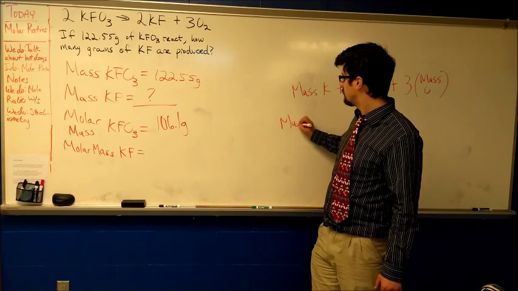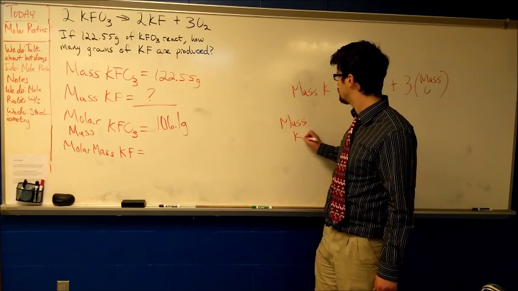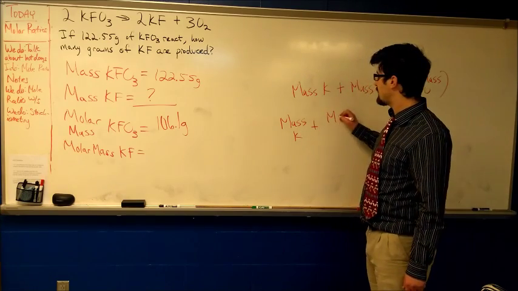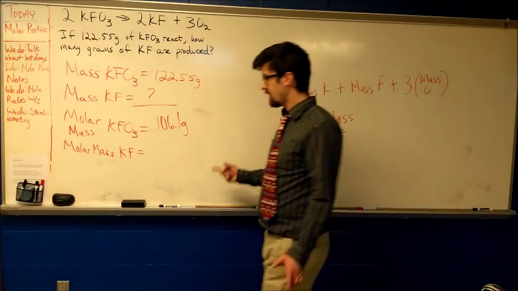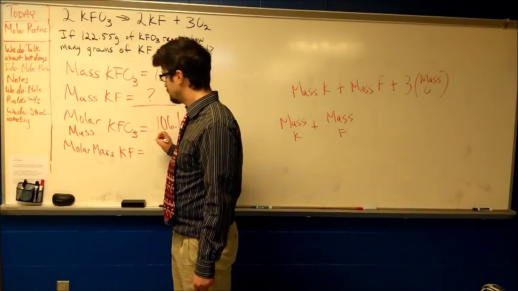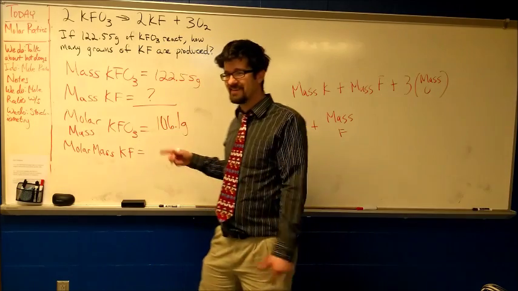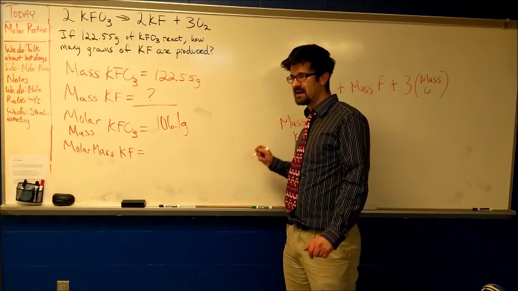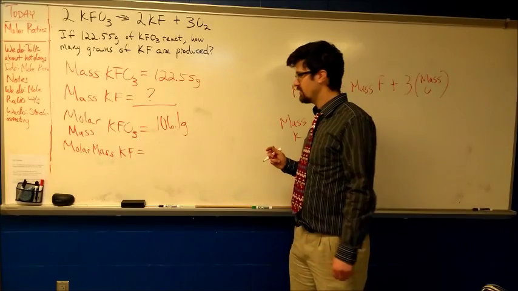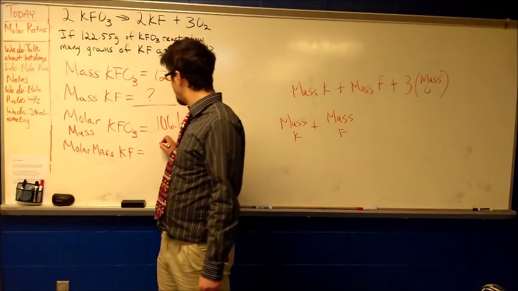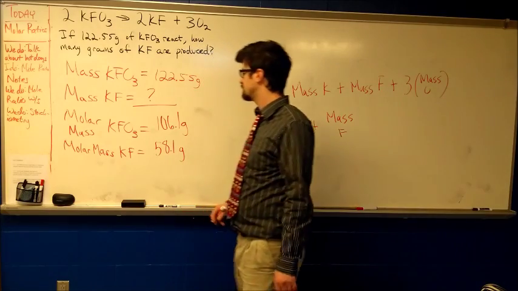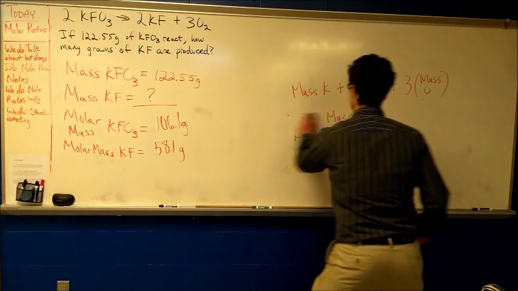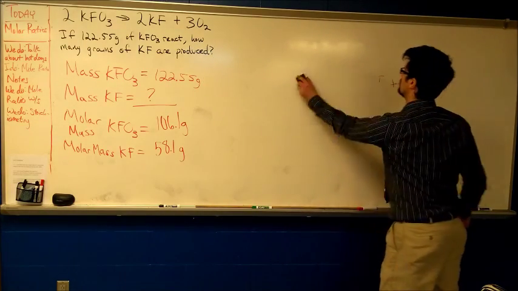We'll take the mass of K plus the mass of F. When you add those two together, I'll let you do that, and then we'll see what you get. Okay, hopefully you got 58.1 grams.